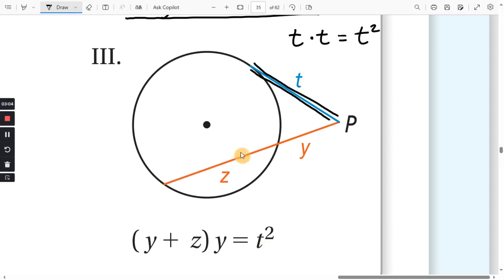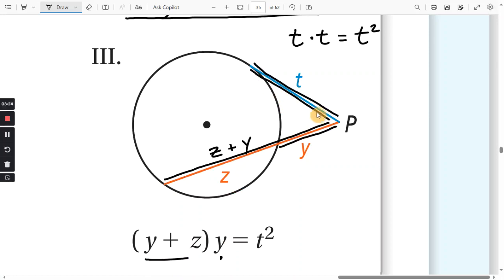And then for the secant, it is just like case number 2. It's going to be the external, which is Y, times the entire thing, which is going to be Z plus Y, or Y plus Z, same thing.